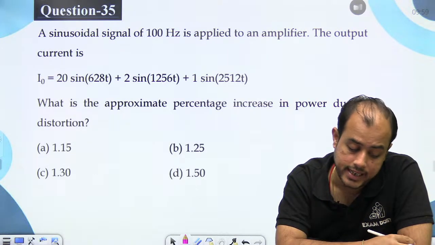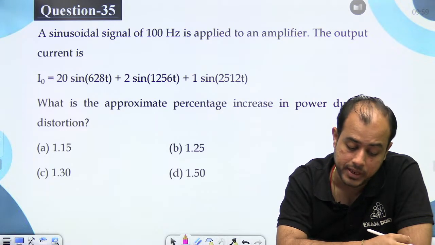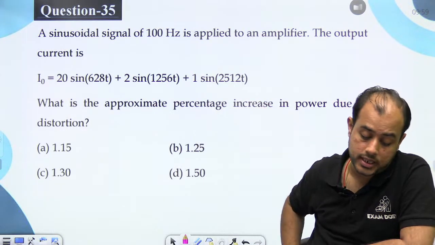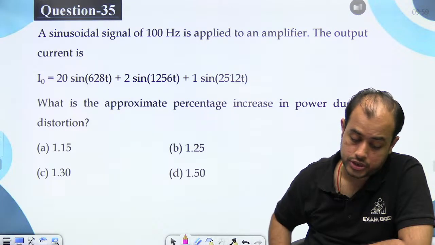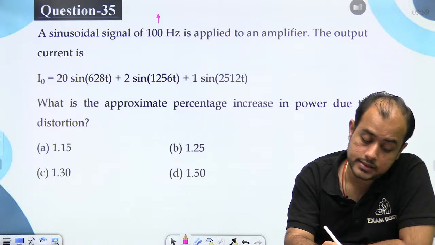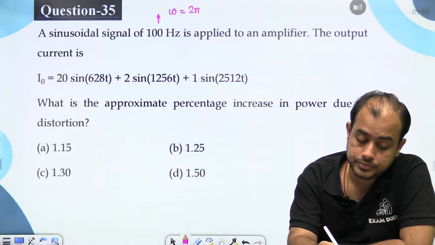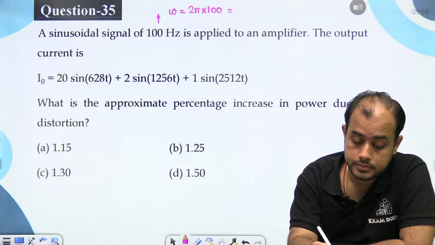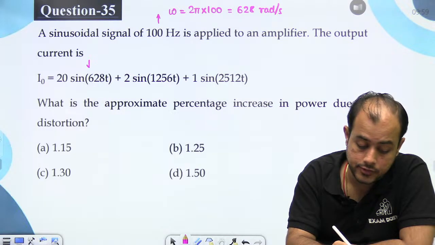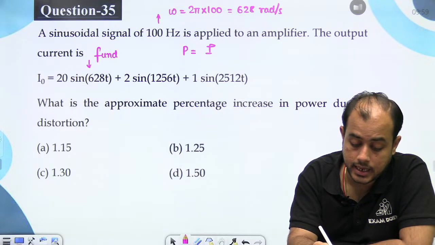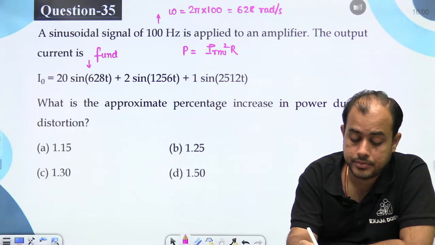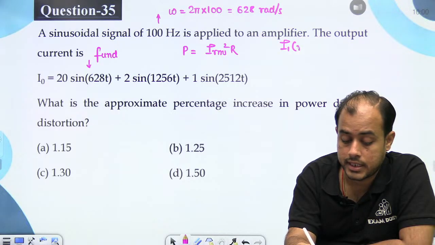ESE 2008, a sinusoidal signal of 100 Hz is applied to an amplifier. This is my output current. Approximate increase in the power due to distortion. So basically this is the fundamental. Now power is basically I RMS squared into R. So what is the fundamental RMS?